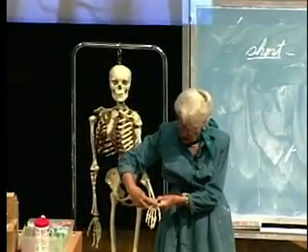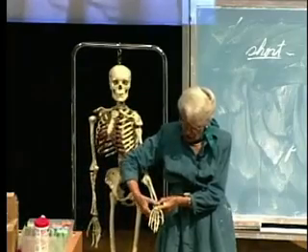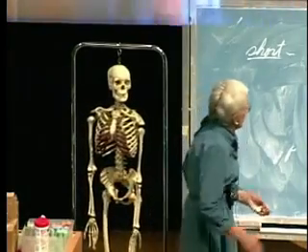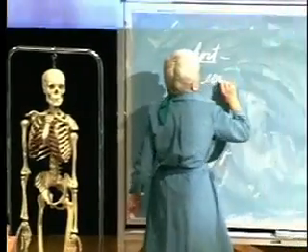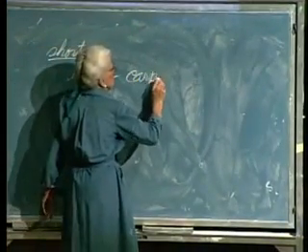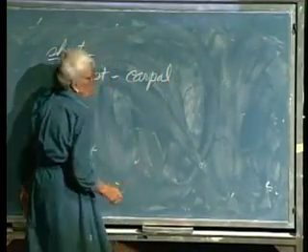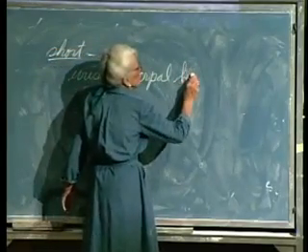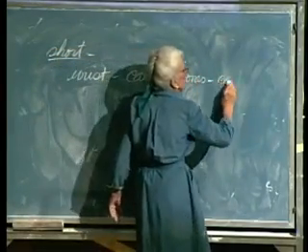They're shaped entirely differently than these long bones. So in the wrist, we have the carpal bones, or carpus if you want just the noun.